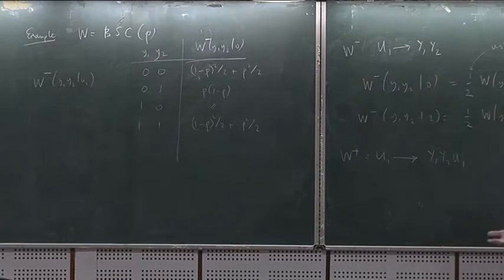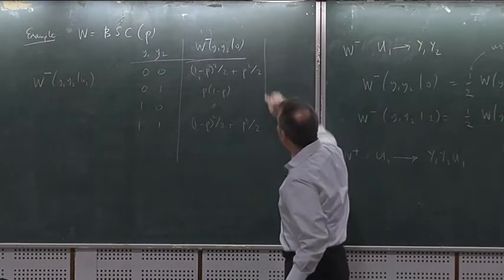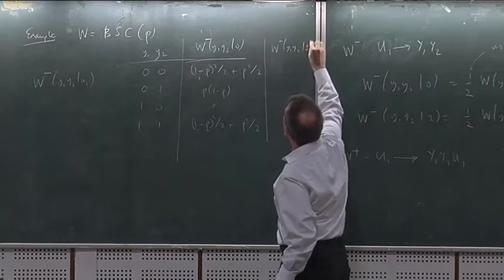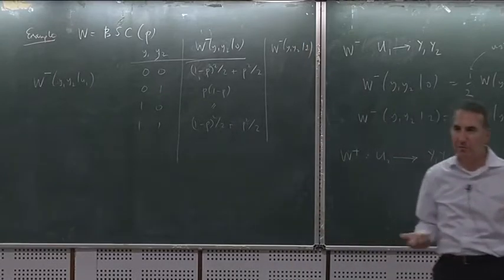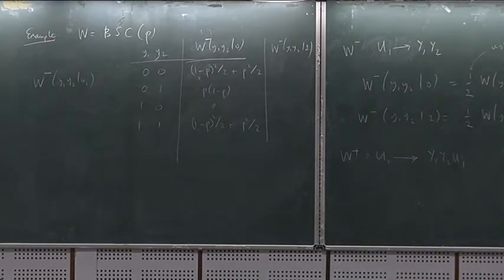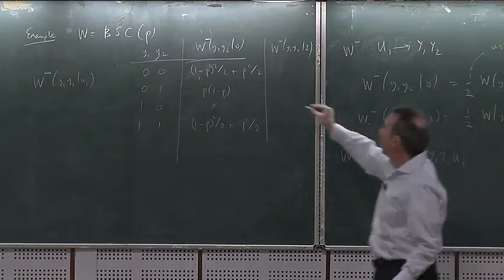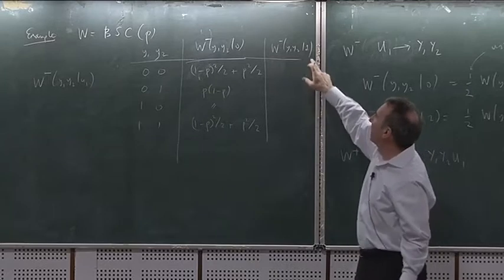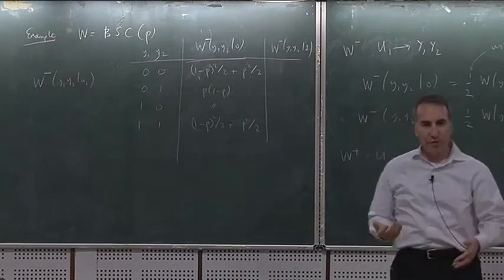Okay. All right. Good. Let's take a look at what happens for the given 1. Okay, when u1 is 1, what do we get? Well, these things are exactly swapped, because in this case either 0, 1 or 1, 0 is sent.